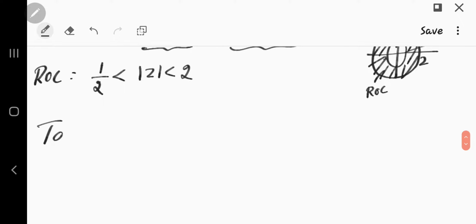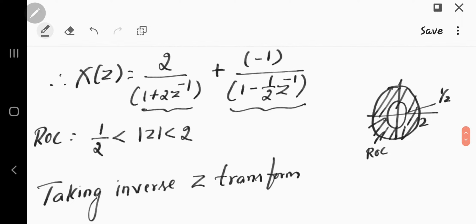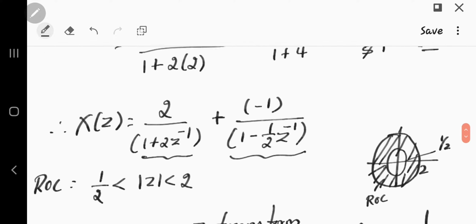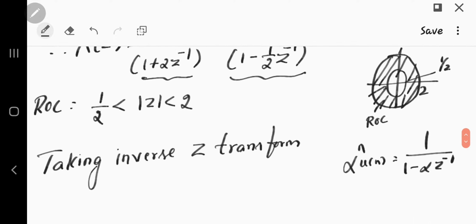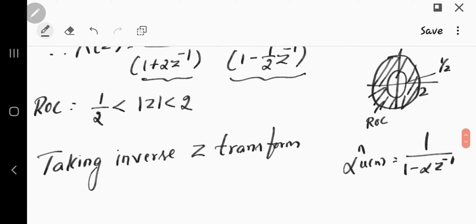So, taking inverse Z transform, now if you look at this, both resemble alpha to the power n into u of n, that is 1 divided by 1 minus alpha z inverse. Now here in place of alpha we have minus 2, in place of alpha we have 1 by 2.